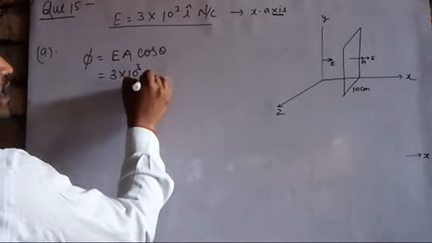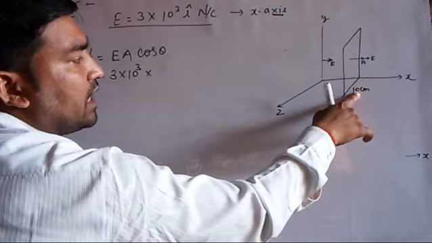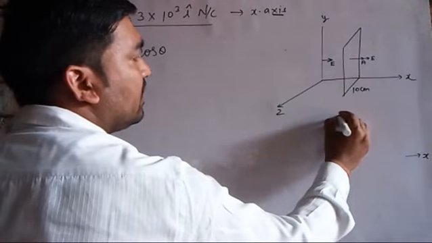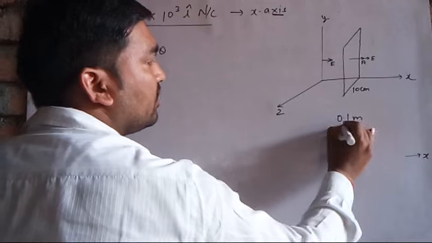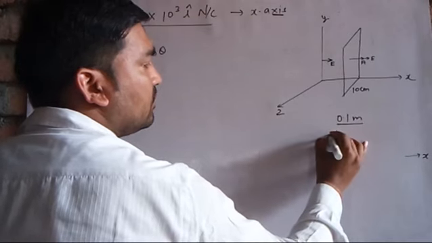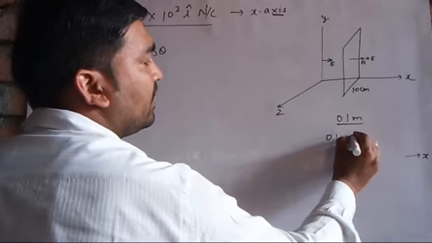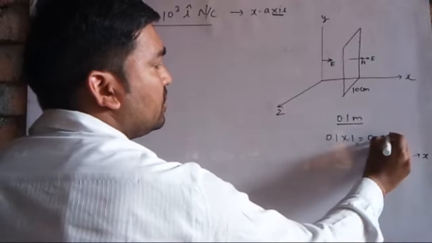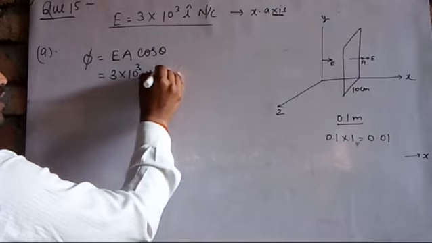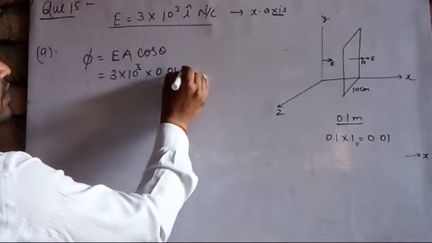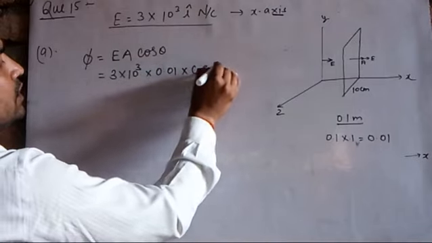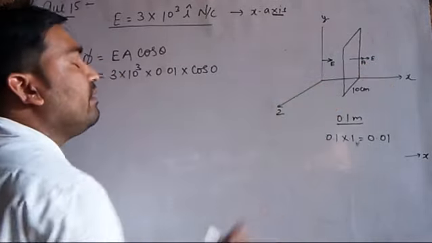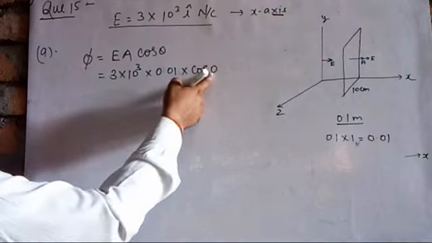What is the area of this square? The side is 10 centimeter, converted into meter it is 0.1 meter, and the area of this square is 0.1 into 0.1, which means 0.01 meter square. And cos 0 degree, because the angle between the area vector and the electric field is 0 degree, cos 0 is equal to 1.